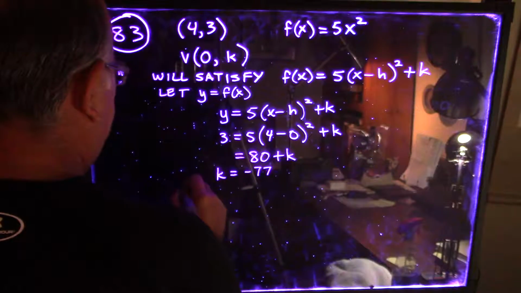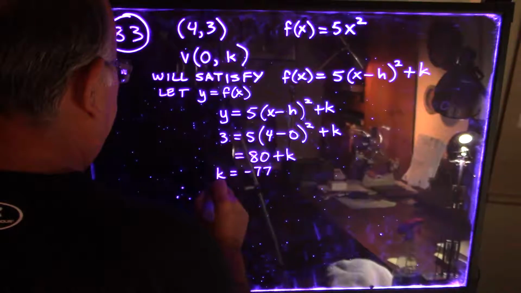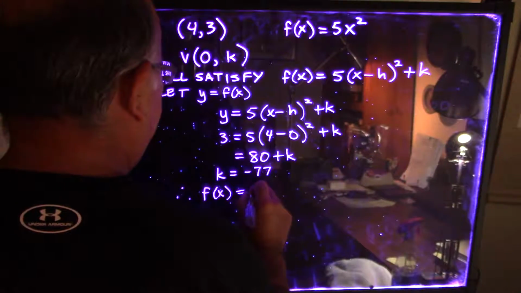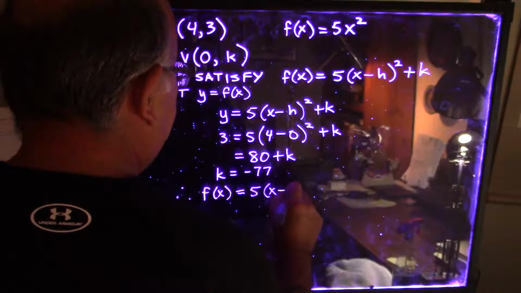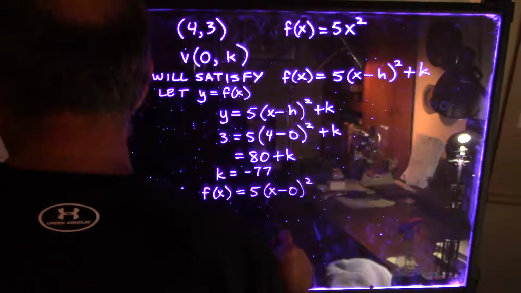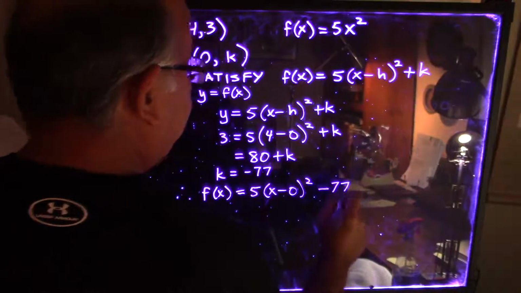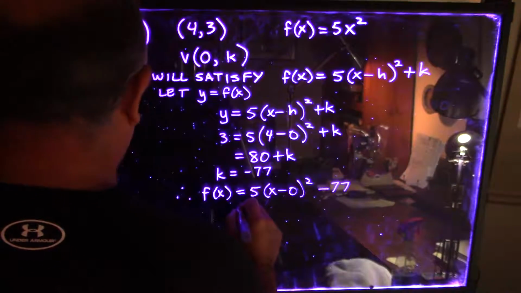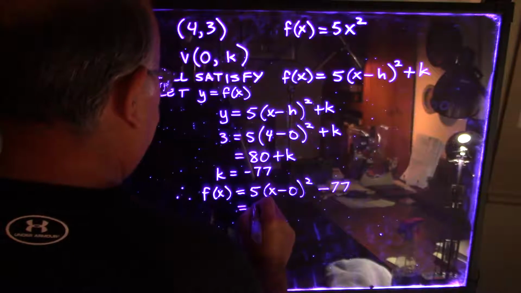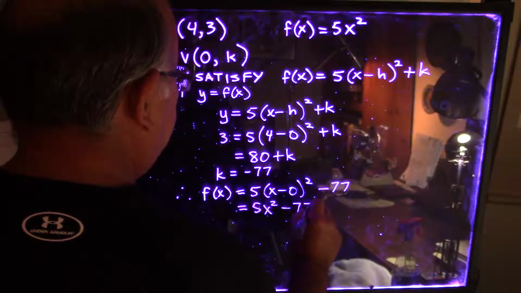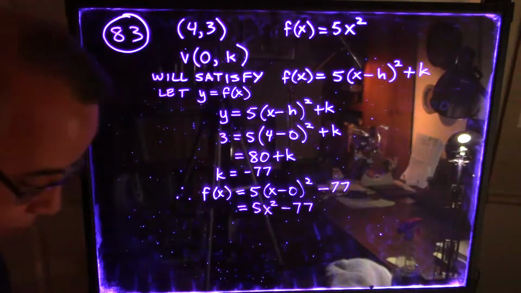Alright, so therefore f of x is equal to 5, quantity x minus 0 squared, and then k was negative 77. So simplifying, we get 5x squared minus 77. There it is.